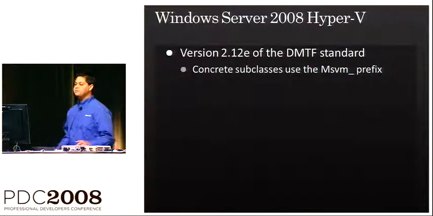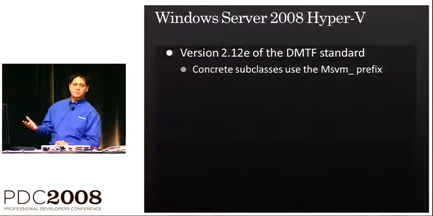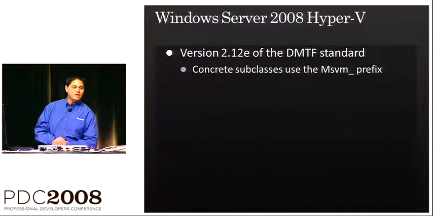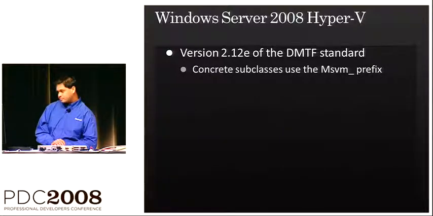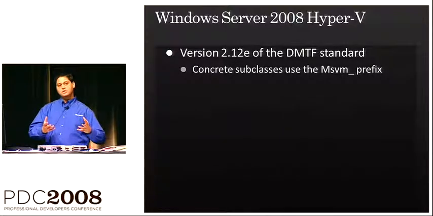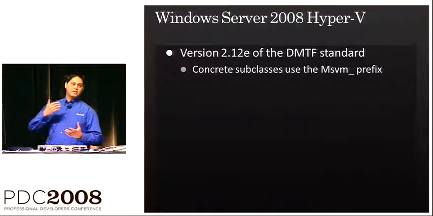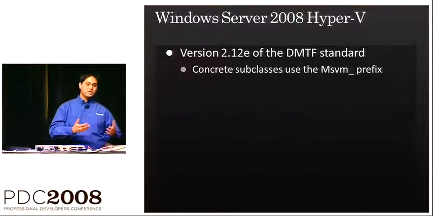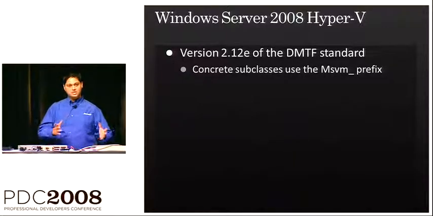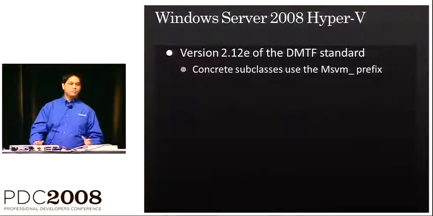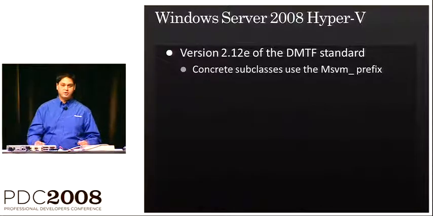So, brief overview. As I mentioned, our WMI interfaces are based on a standard defined by the DMTF. We use version 2.12e of that standard. Now, when you actually look at the virtualization namespace through WMI, you'll notice a number of classes that are defined there. Some of them will be prefixed with CIM underscore or SIM underscore, and others will be prefixed with MSVM underscore.